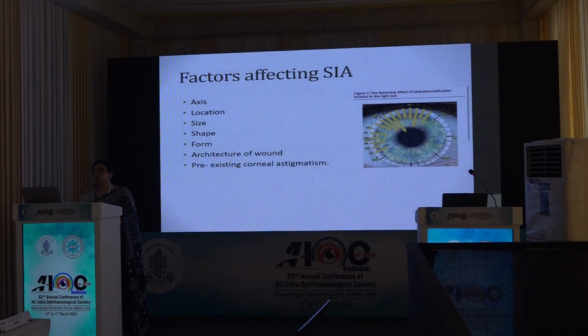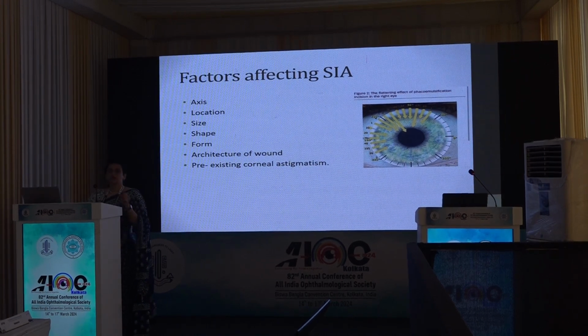Now surgically induced astigmatism depends upon various factors, like the axis on which we take the incision, then the location, and the size, so 2.2, 2.8 or 3.2 mm or higher. Gradually, as the size of the incision increases, the surgically induced astigmatism also increases.